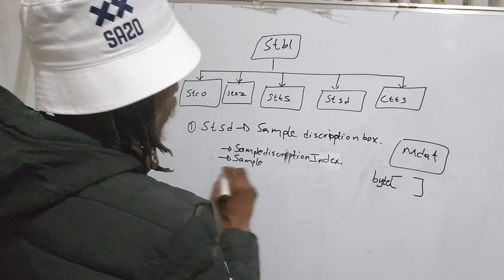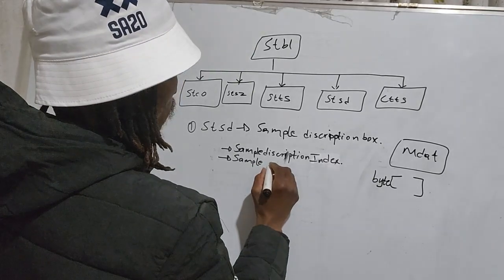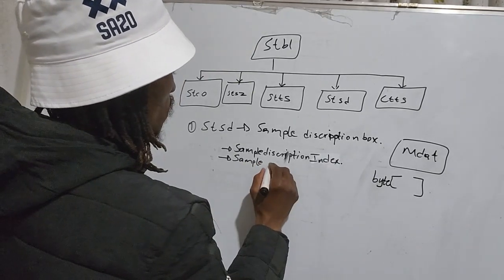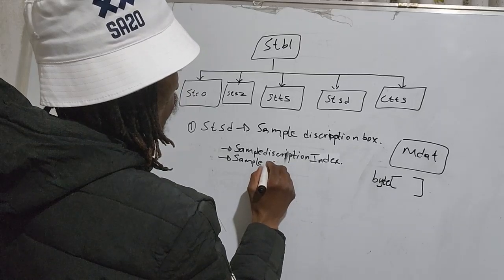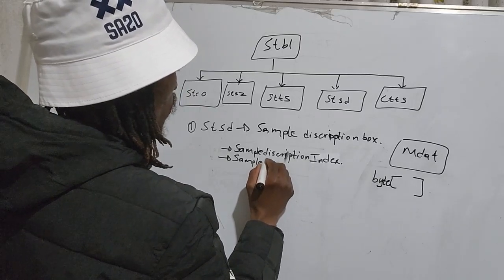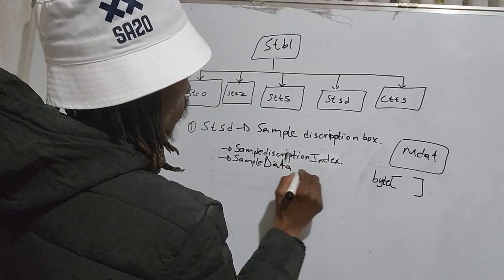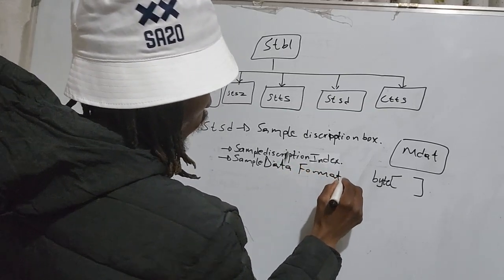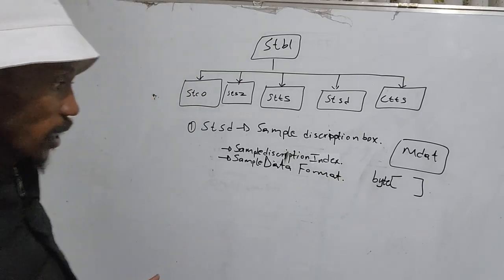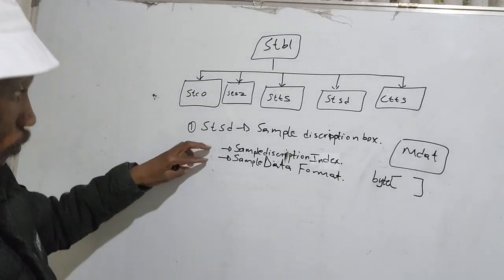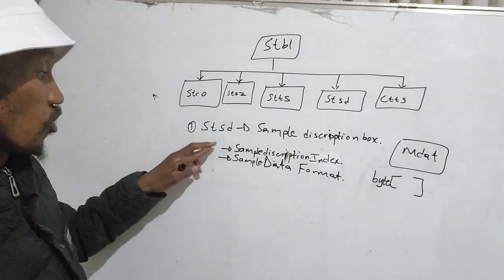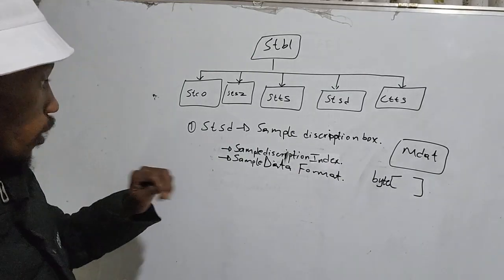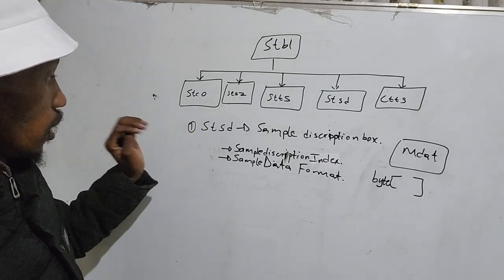Does that make sense? Sample data format, let me put it that way. That's the second thing that you're going to get here. So these are the two data points that you are going to get out of the sample description box.